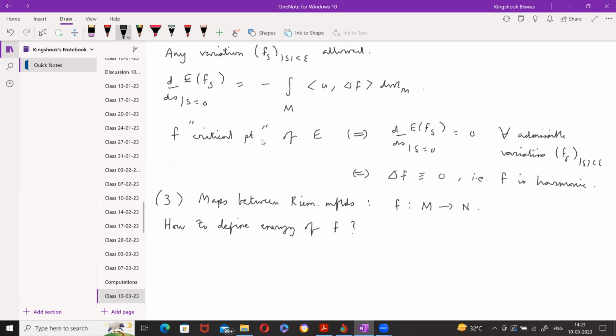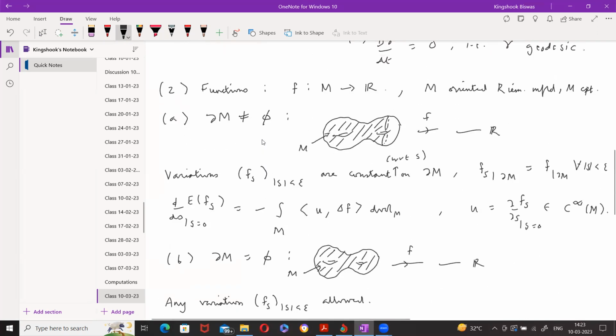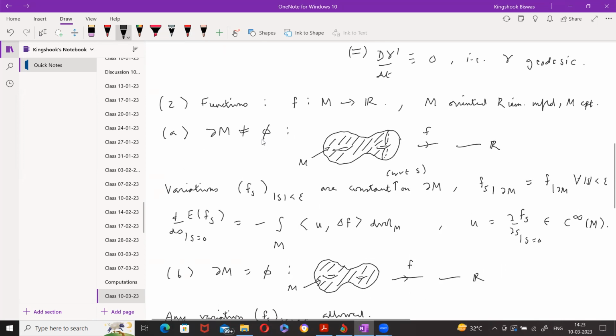If you look at the earlier examples of curves and functions, the energy of f is half the integral over M of the norm of grad f squared, dvol.